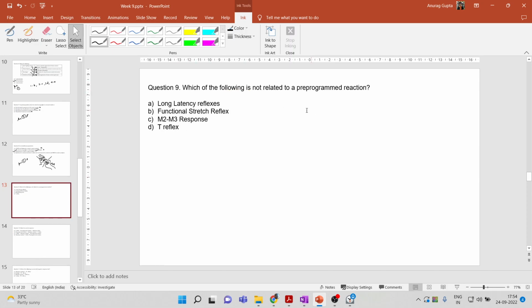Which of the following is not related to pre-programmed reactions? A. Long latency reflexes. B. Functional stretch reflex. C. M2 M3 response. Or D. T reflex.